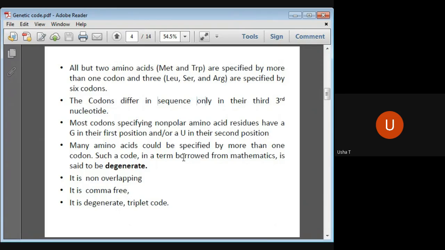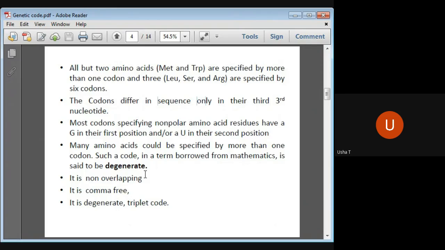Such a code, in a term borrowed from mathematics, is said to be degenerate. So, since more than one codon is coding for one amino acid, there is a mathematical term which is used, which we call degenerate.